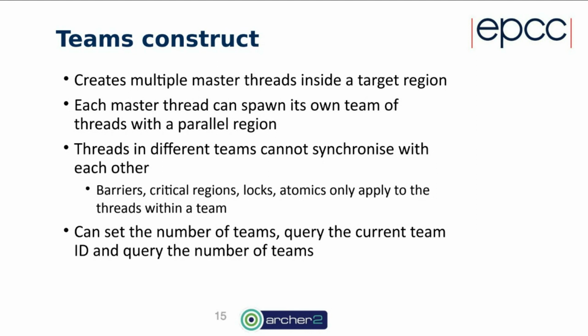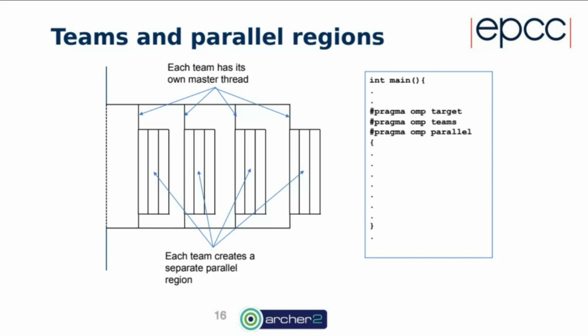You can set the number of teams and query the current team ID and the number of teams and all that kind of stuff. So we end up with this hierarchical parallelism on the device that essentially is designed to match GPU hardware.